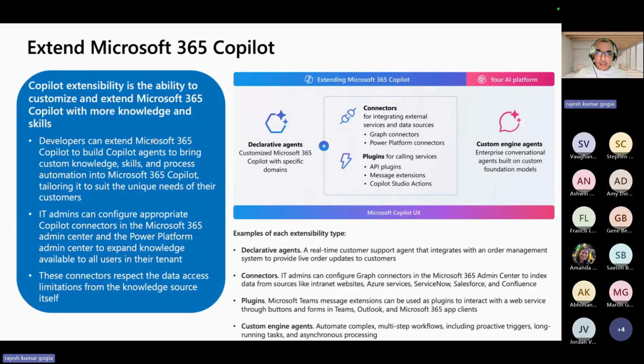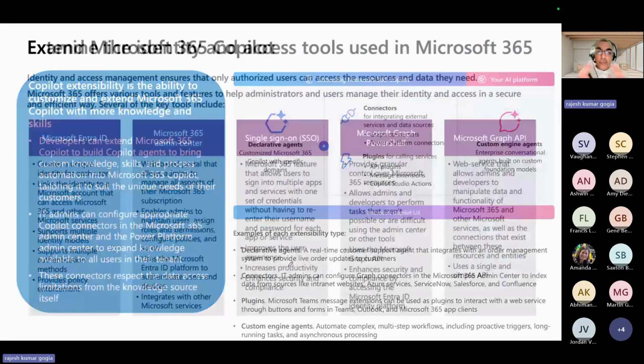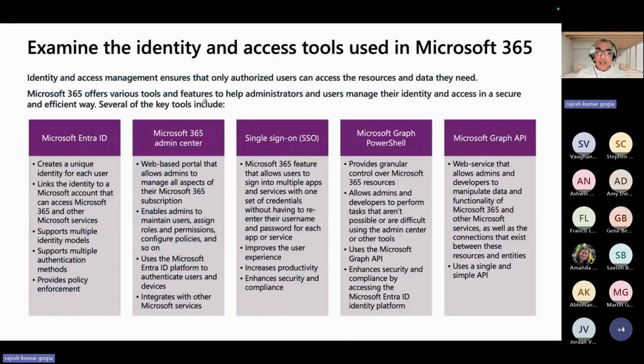And definitely the Copilots can be extended. You can have your agents, you can enable other products, connectors, and plugins are there, isn't it? So you can see how Copilot becomes quite effective. And obviously, there are so many different access management services and admin centers.